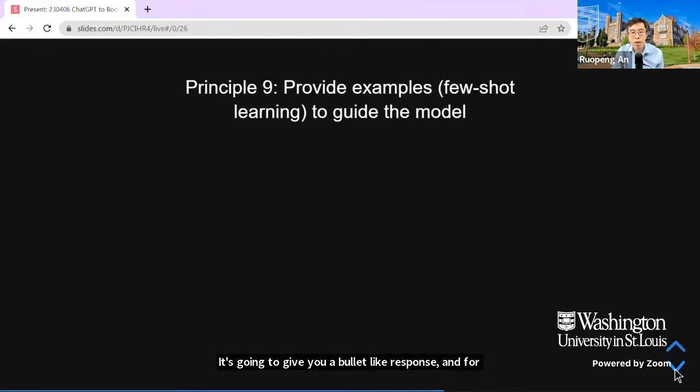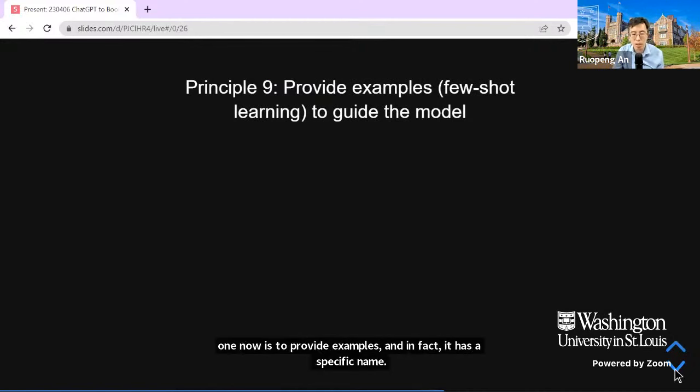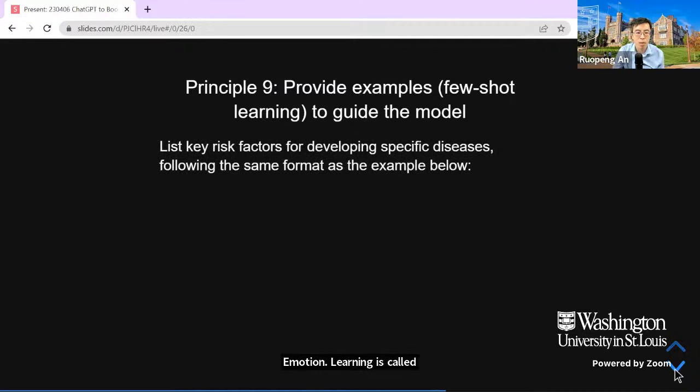Principle 9 is to provide examples. And in fact, it has a specific name in machine learning. It's called few-shot learning, to guide the model performance. So here, for example, you can say, list risk factors for developing specific disease following the same format as the example below. Okay, so this is the prompt.